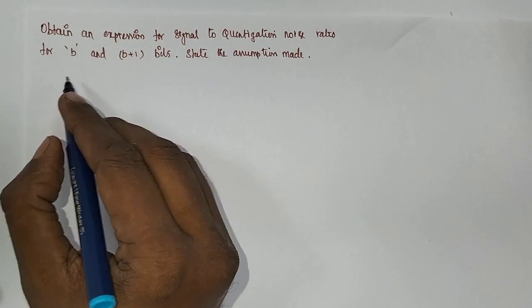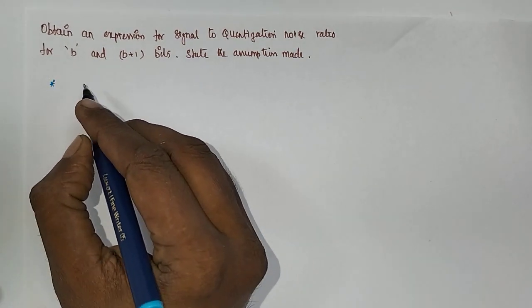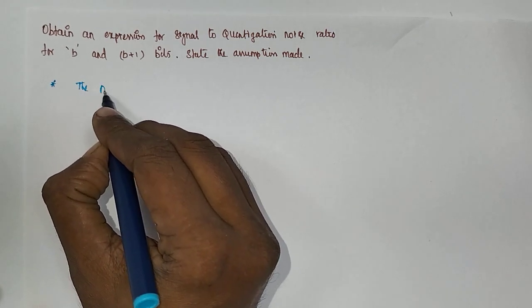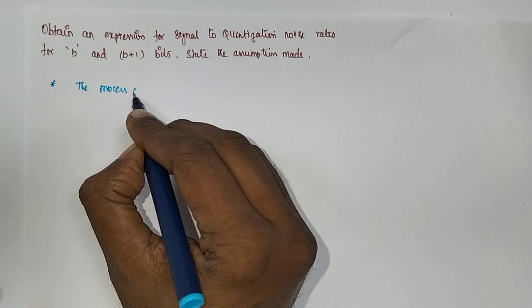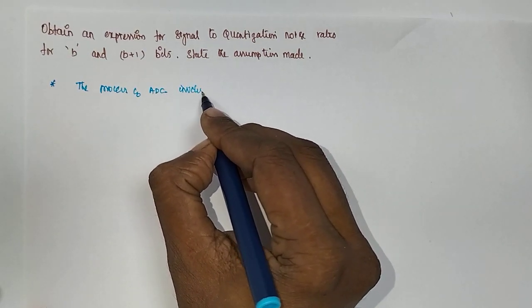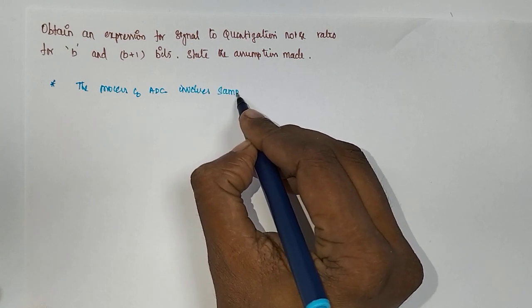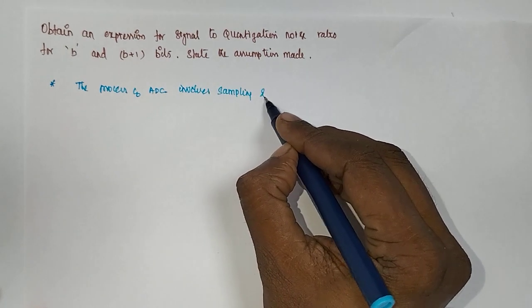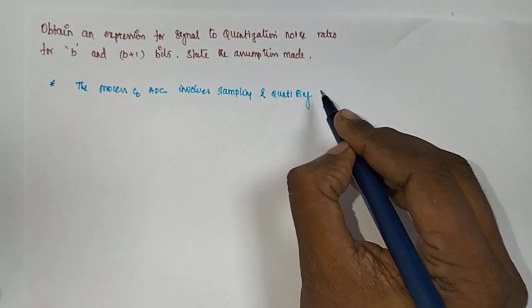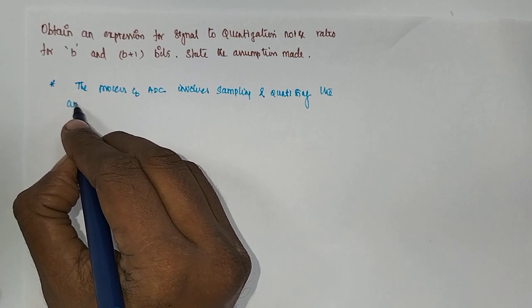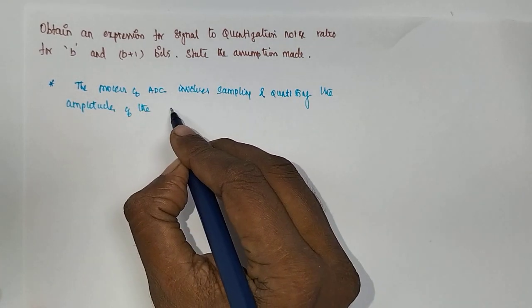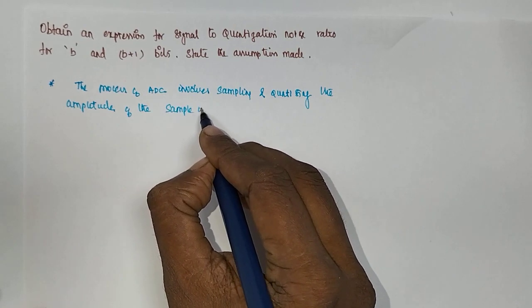Here you know that the process of analog to digital conversion involves sampling and quantizing the amplitude of the sampled data.